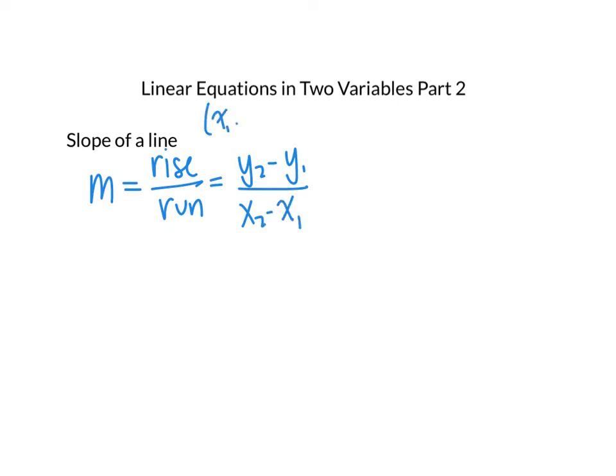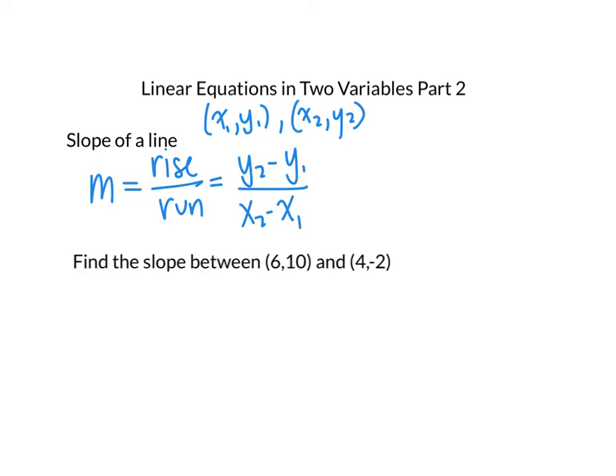points, x1, y1, and x2, y2. So if I wanted to find the slope between 2 points, in this case 6, 10, and 4, -2, what I'm going to do is just determine where my x1, y1, x2, and y2 are, and then plug it into my formula.